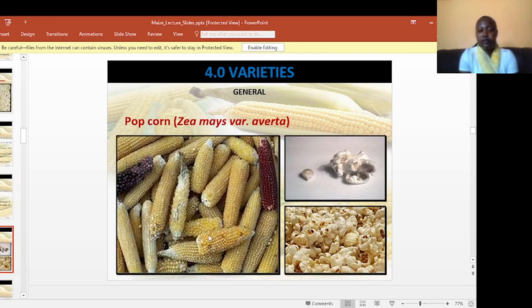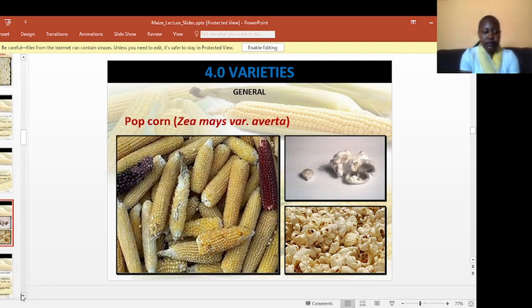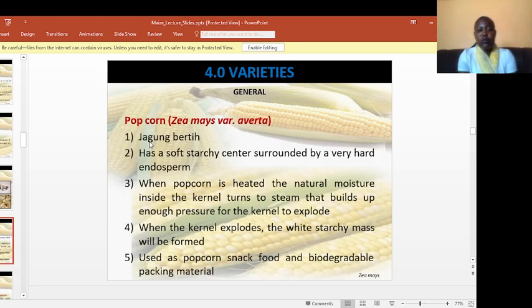Popcorn, Maize var everta. Let's see the popcorn here. The popcorn itself when it is cooked here. We continue. We look at the popcorn, Maize everta. It has a soft, starchy center surrounded by a very hard endosperm.